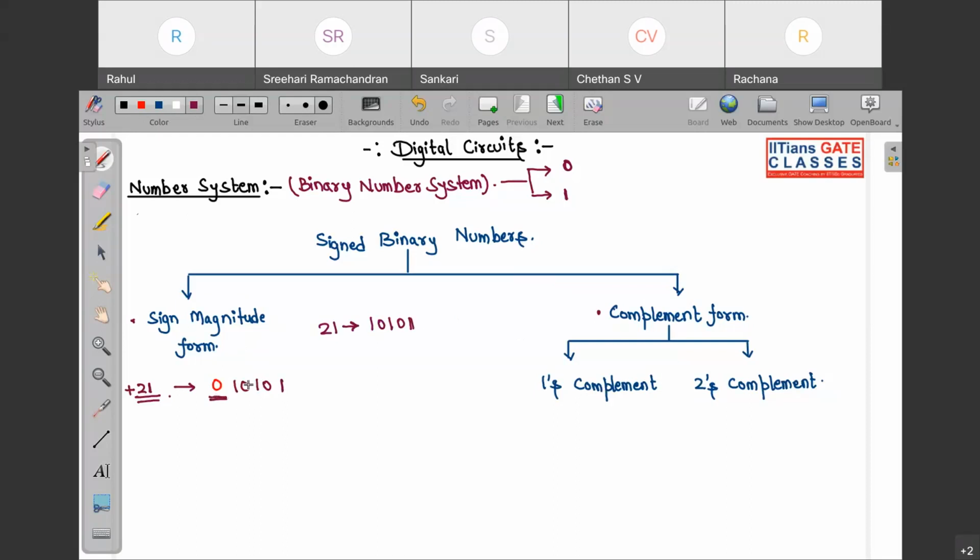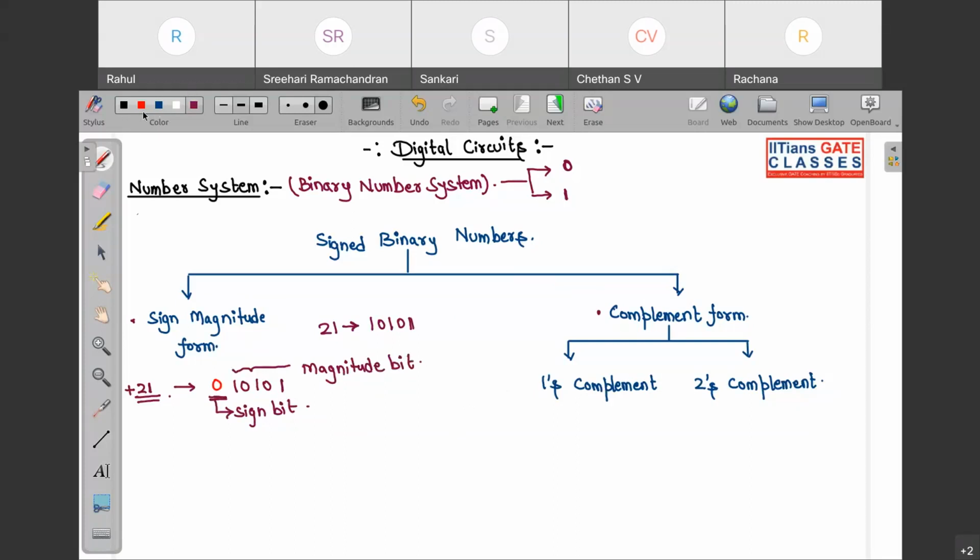Now what is this 0? This 0 corresponds to your sign bit, and all the other bits are your magnitude bits.